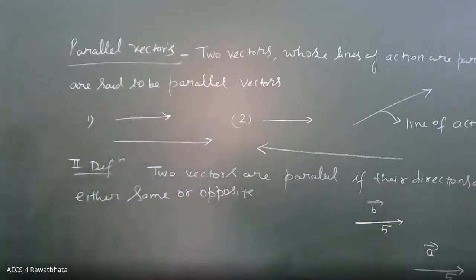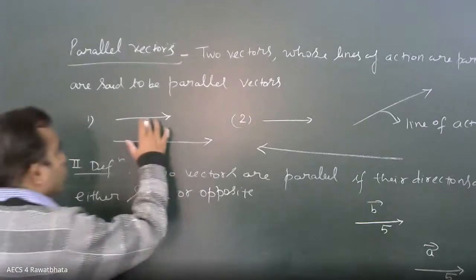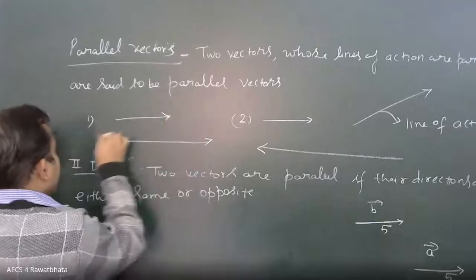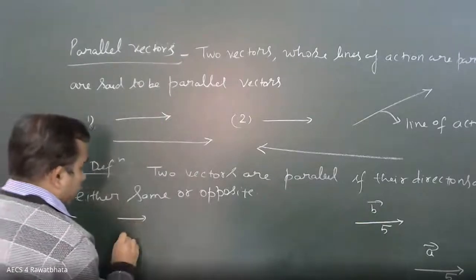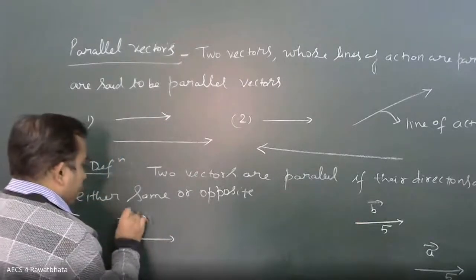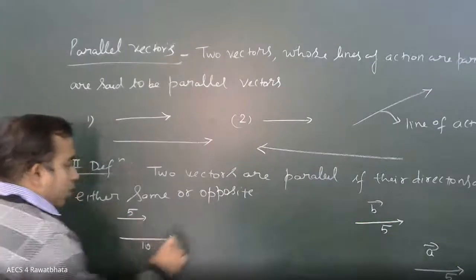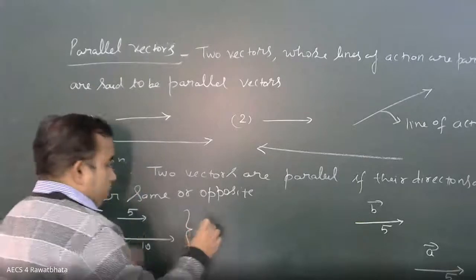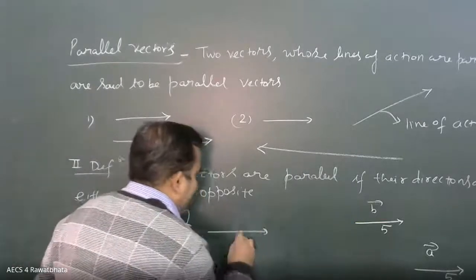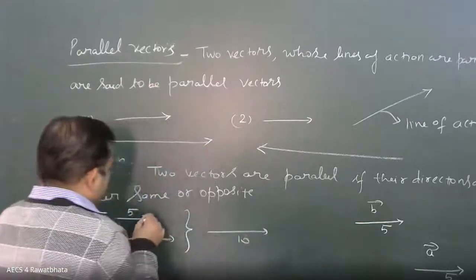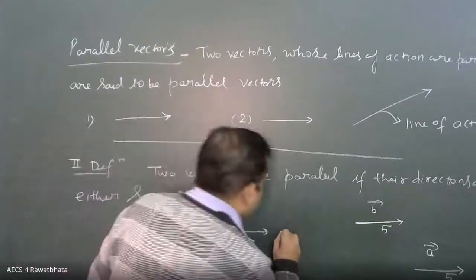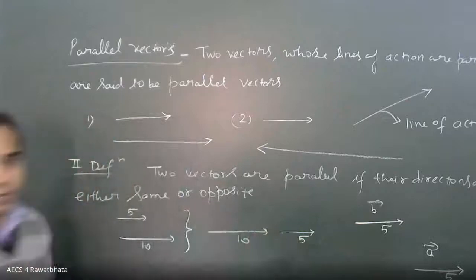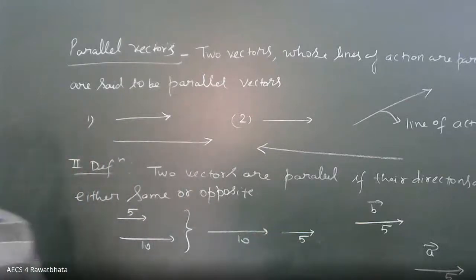Same way here, suppose these two are parallel vectors. If you lift it and keep it here, suppose its magnitude is 5, its magnitude is 10. What you do? This 10 wala you keep like this, and 5 one you take and keep it here. Then it will become a straight line.